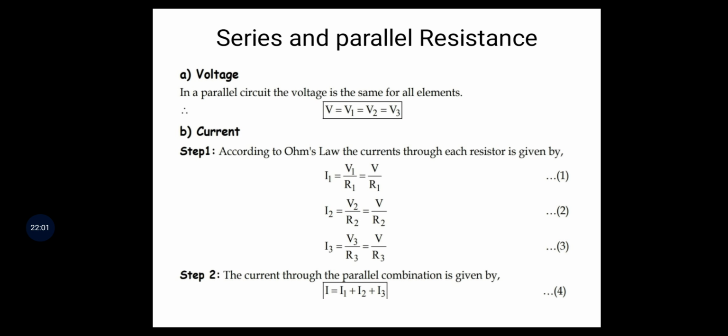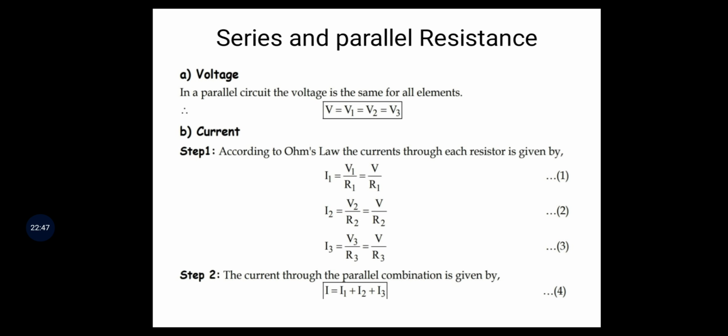But here the voltage is the same at all the resistors, that's why V1 equals V2 equals V3 equals V. That's why I1 equals V by R1, I2 equals V by R2, I3 equals V by R3.